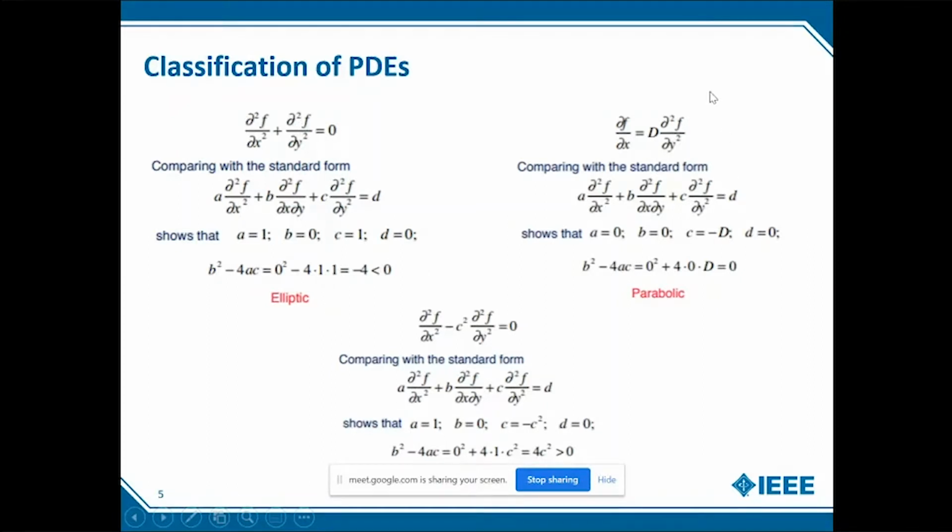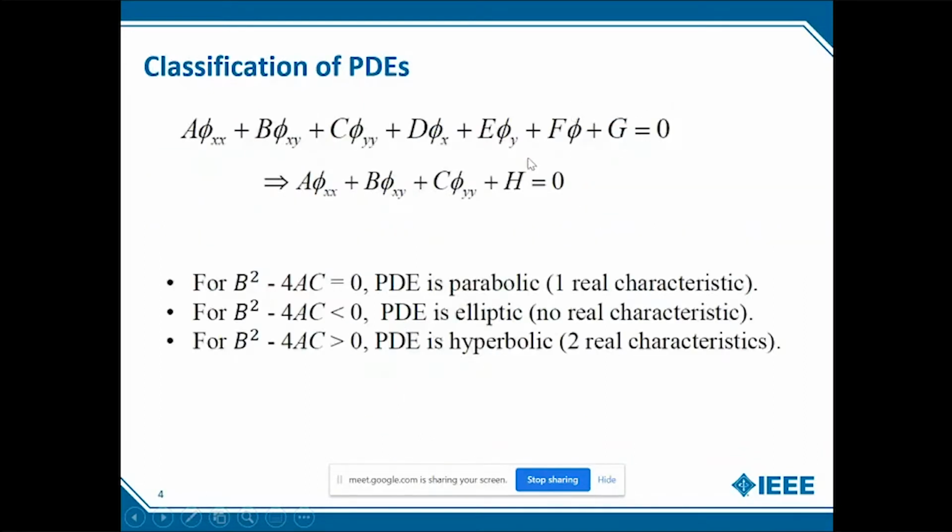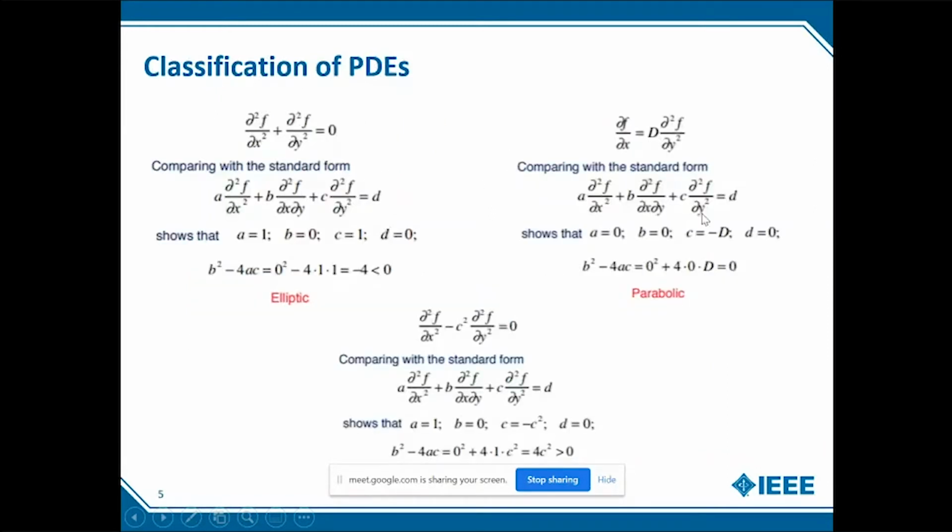Similarly, on the top right we have one single derivative and the other one as the double derivative. The single derivative, as I told you, goes into that h term, and therefore it's not present in the coefficients at all. So we just have one coefficient d, and depending upon its value we can calculate the discriminant, and for parabolic equations it will come down to 0.